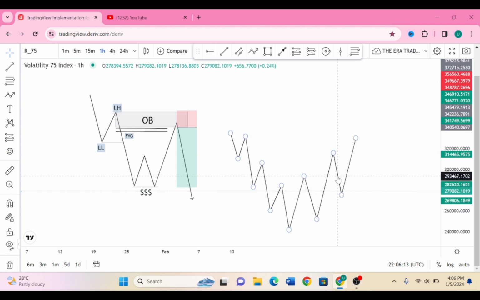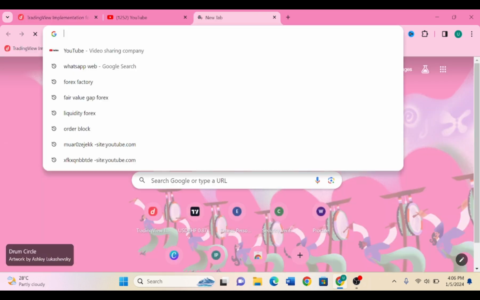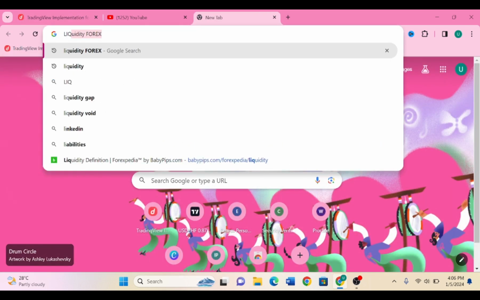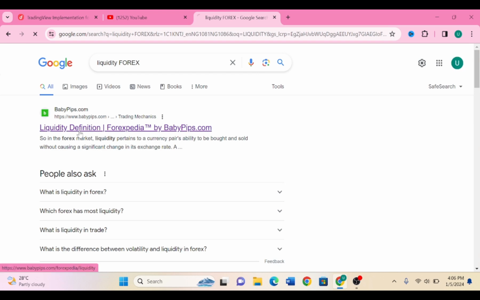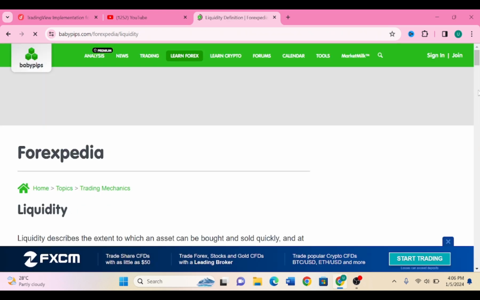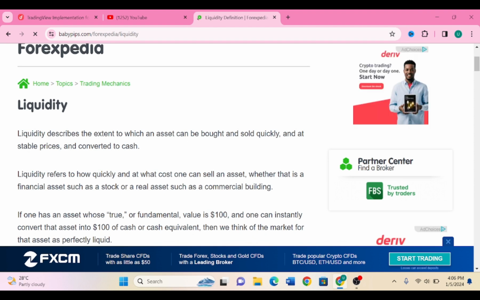Liquidity is basically money. You can see here that liquidity describes the extent to which an asset can be bought and sold quickly and at stable prices and converted to cash.